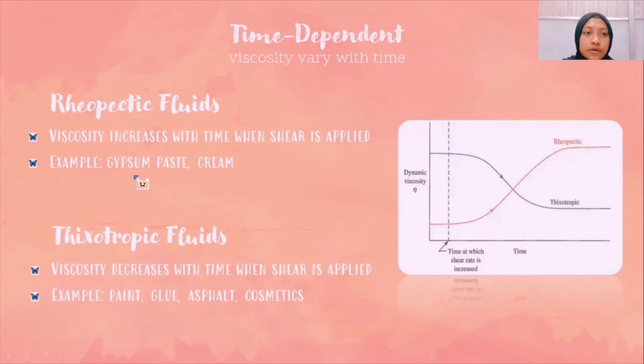Examples for rheopectic fluids are gypsum paste and cream. For thixotropic fluids, the viscosity decreases with time when shear is applied. Examples for thixotropic fluids are paint, glue, asphalt, and cosmetics.